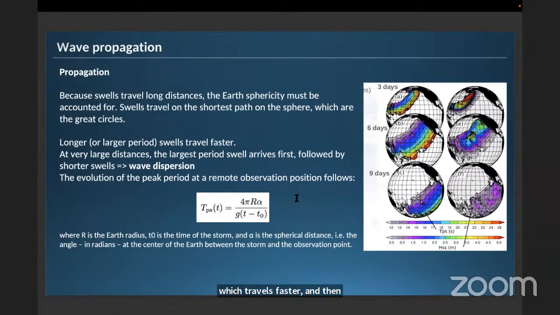So here you have an example of how you can compute the time at which each wave system will arrive at a given position, depending on the radius of the Earth, the spherical distance, and the time at which they were generated.